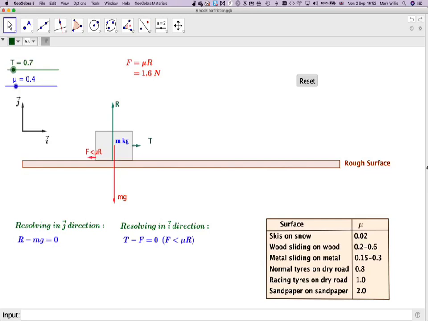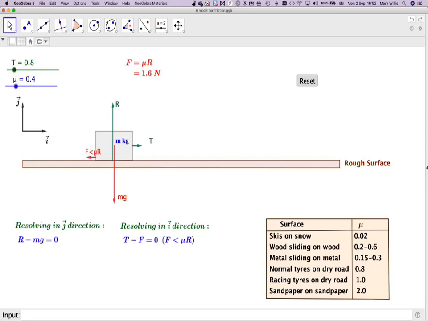Then you can see that friction will oppose the motion of the force. At the moment, F is less than mu R, mu being the coefficient of friction and R being the normal reaction between the block and the surface it's on. If F is less than mu R, then there will be no sliding whatsoever.